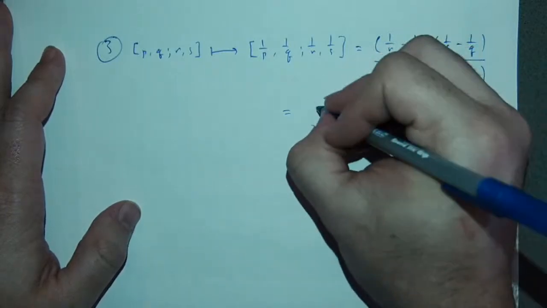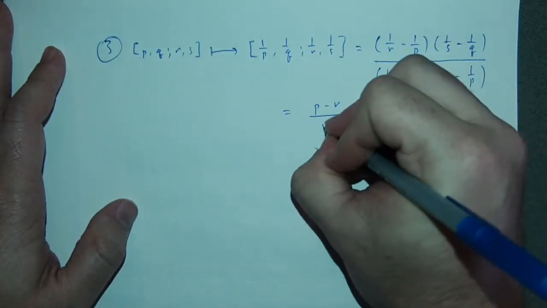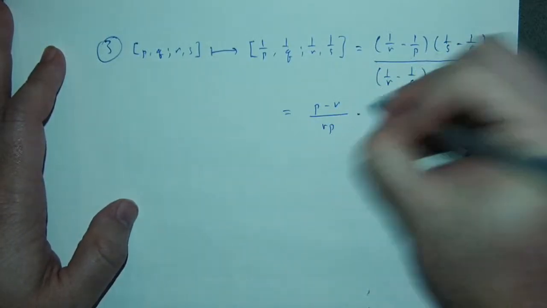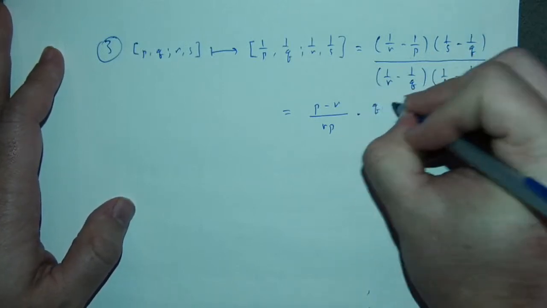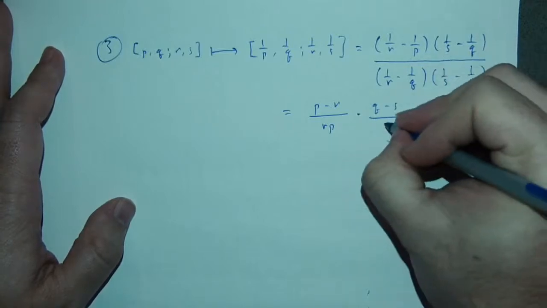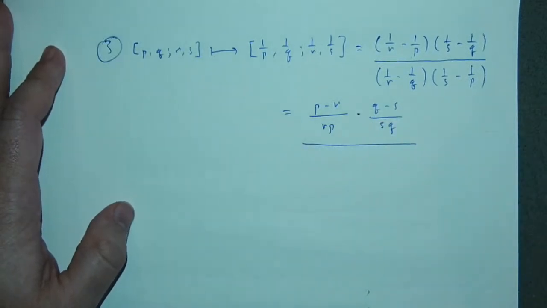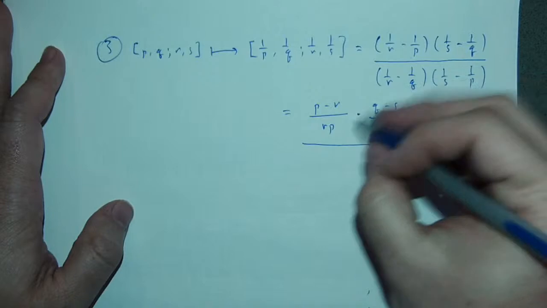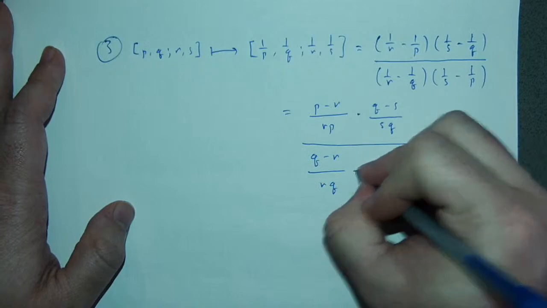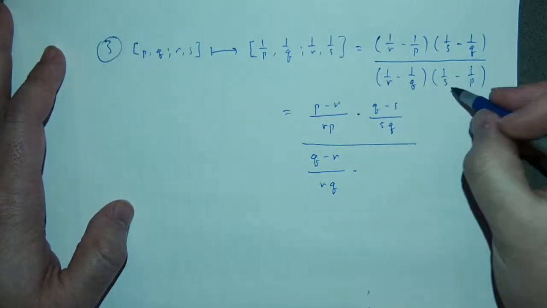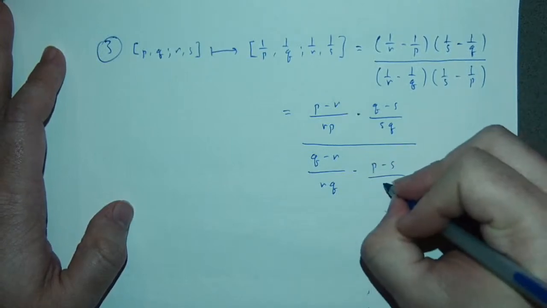So I get P minus R over RP, times, if I clear denominators in this term, I would get Q minus S over SQ, and that is divided by, clearing denominators here, I would get Q minus R over RQ times here I would get P minus S over SP.